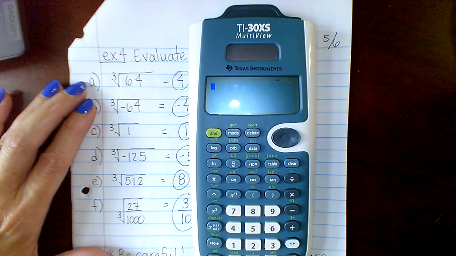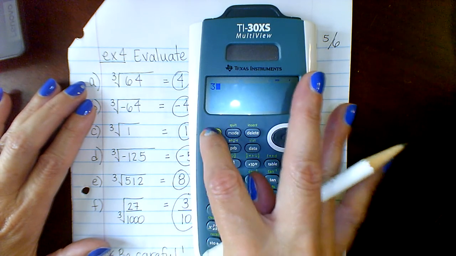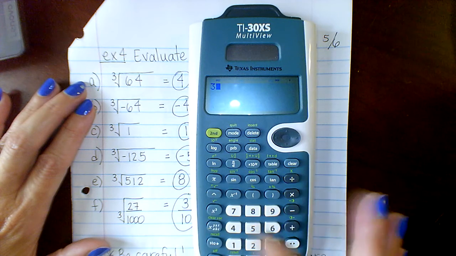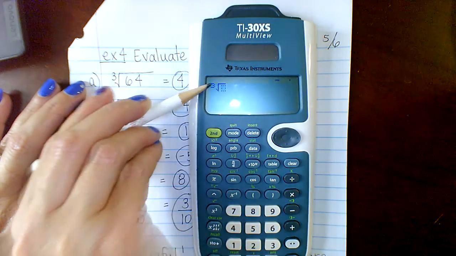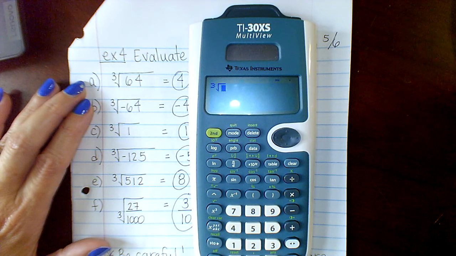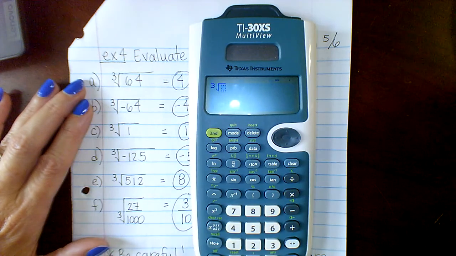So for this, you'll have to put the 3 in first. Then we're going to hit second and that little up arrow, and it's going to bring up that radical sign. And you see how it moved that 3 up there into that little position. That little number that sits on the radical is called an index.